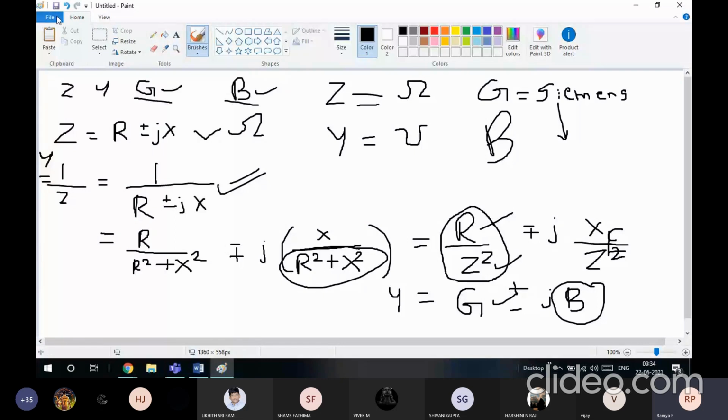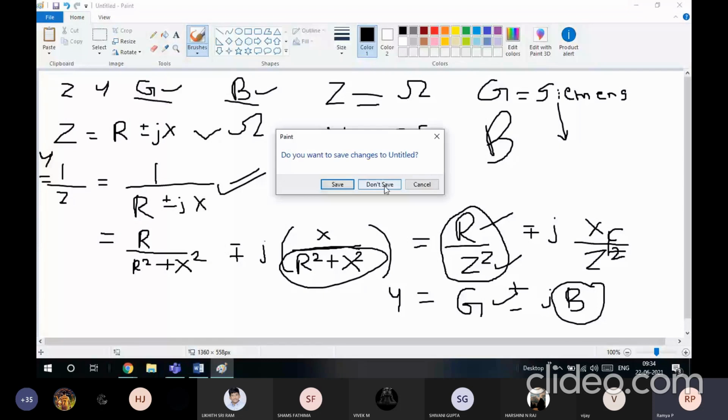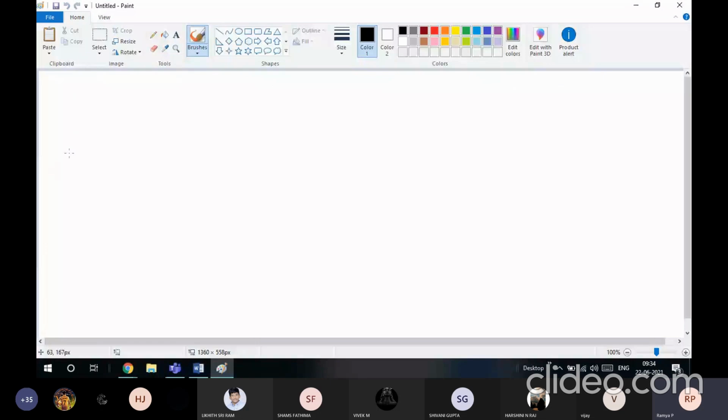For the impedance triangle, Z is equal to R plus or minus jX.